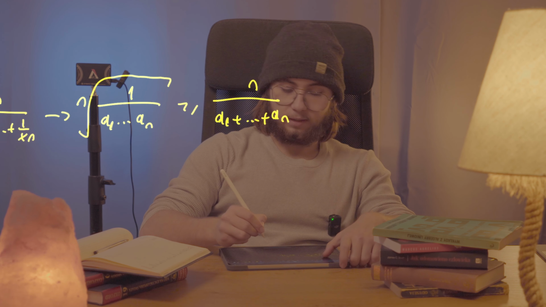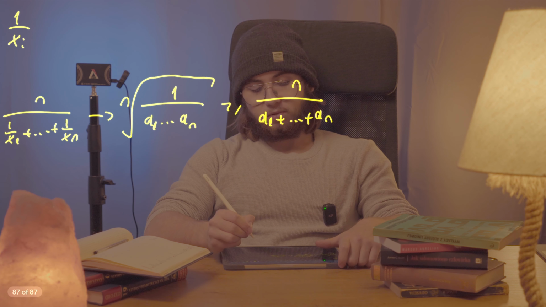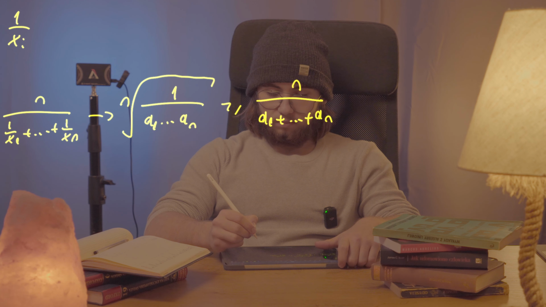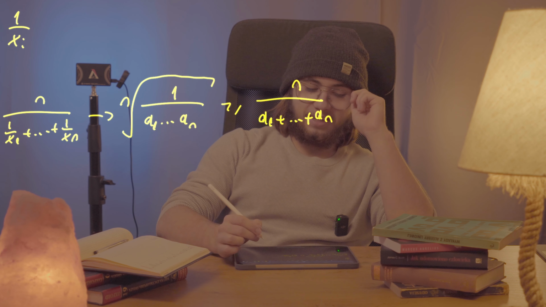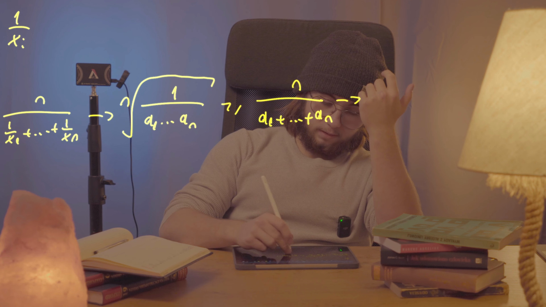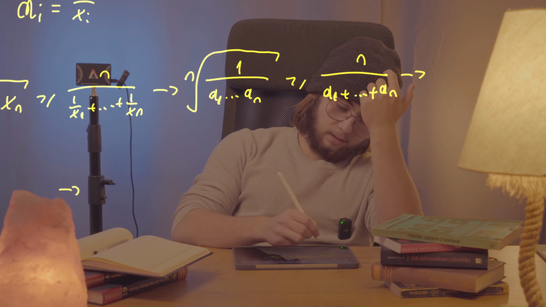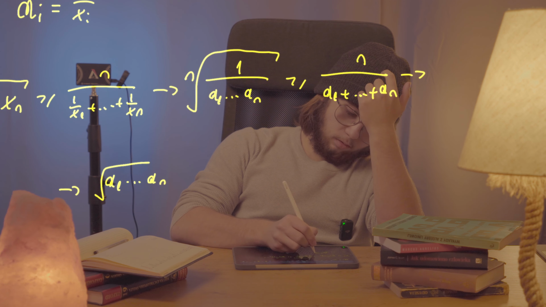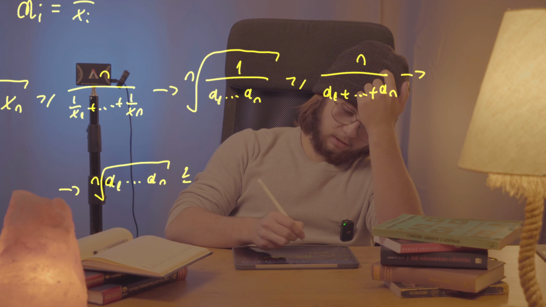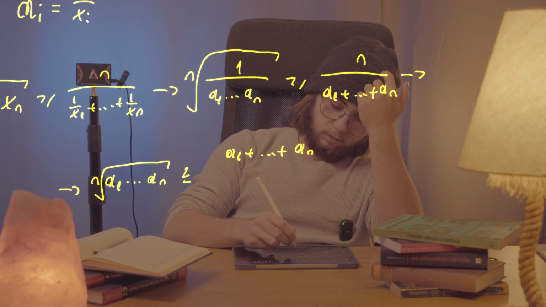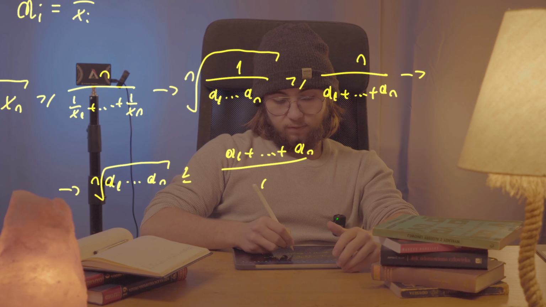up to an. And so actually you see that this thing right here is just AM-GM, but quite flipped upside down. We can just go on and raise both sides here to the -1 power, and get, by doing that, that a1 up to an all under the nth root is supposed to be less than or equal to a1, we're just adding stuff until we get to the nth a, divided by n.